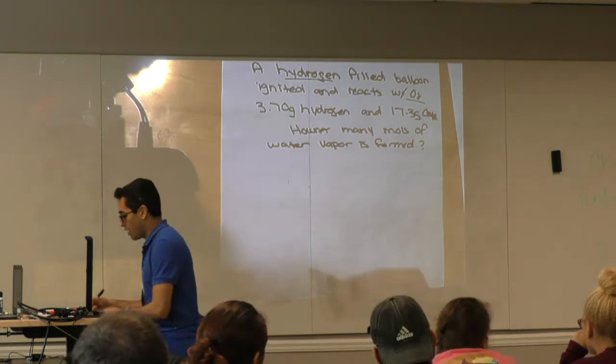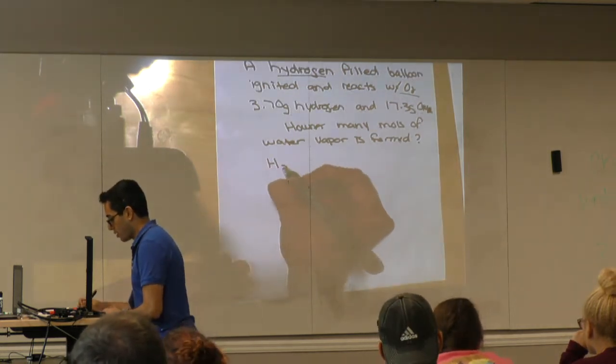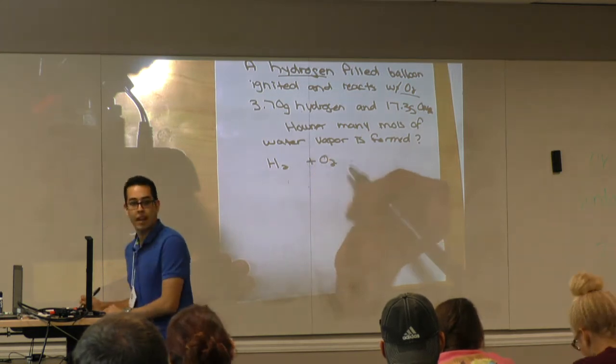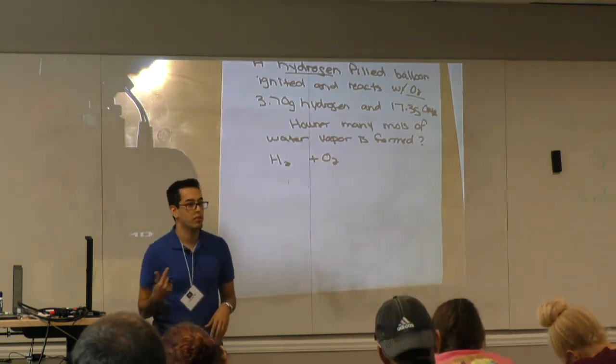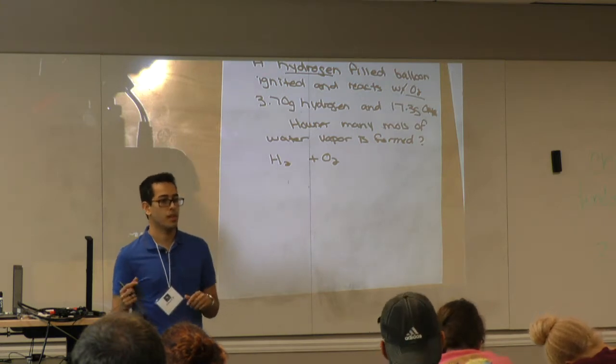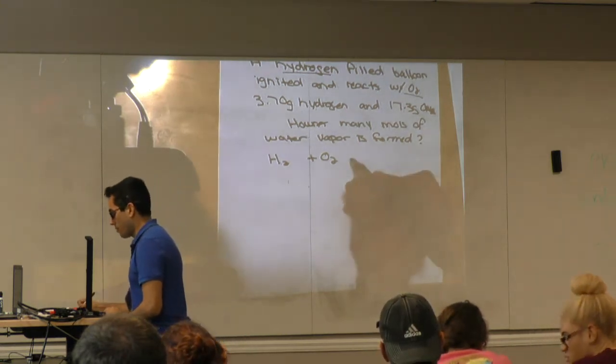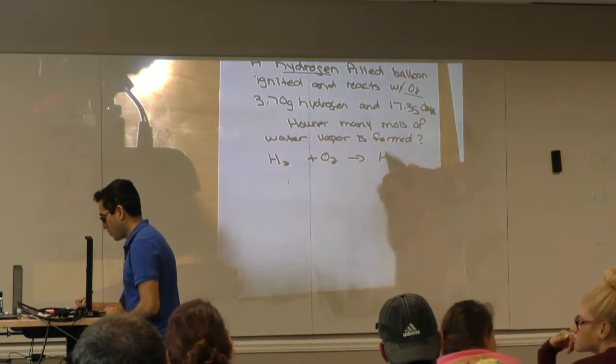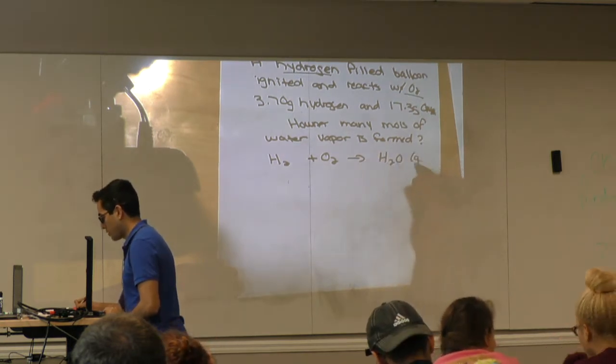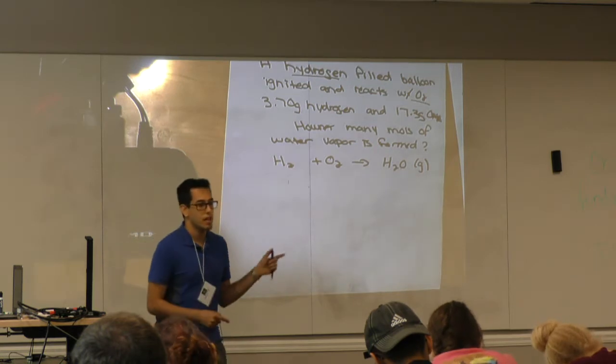So we know it has to be H2 plus O2, not them by themselves, because they can't just be by themselves as a gas. They have to be together. And that will form H2O as a gas.